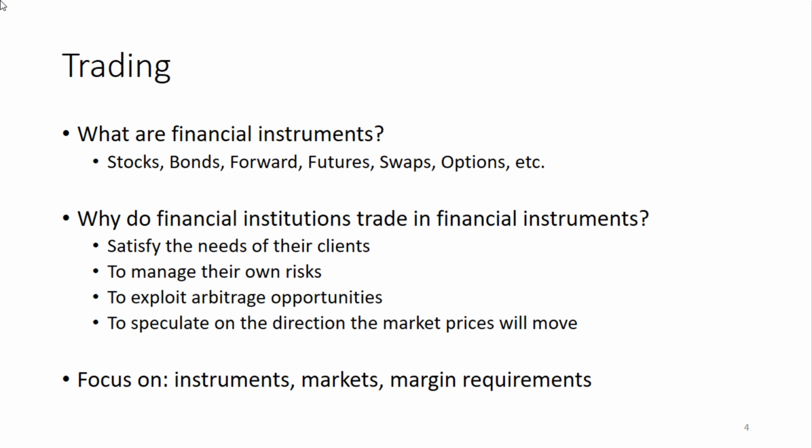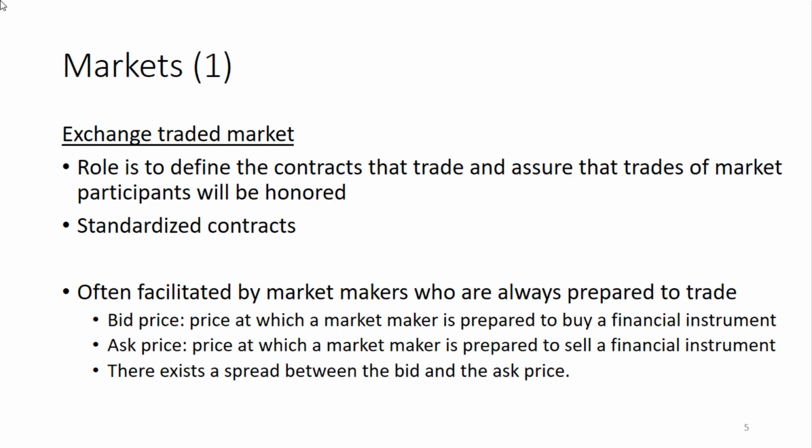And if you actually look at the real operational execution of a trade between two parties, there is a lot more going on than simply one party handing over a security to another party and an exchange of money. There is a more sophisticated operational system around it. And one of the elements in there is the requirement of a margin, and that I will also discuss in a minute. So to begin with, what kind of markets are there to trade financial products?